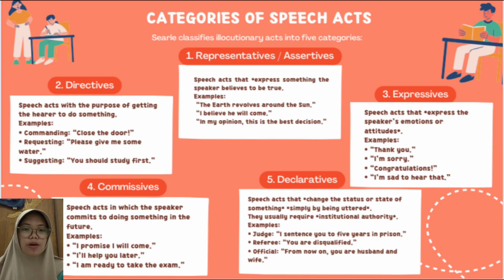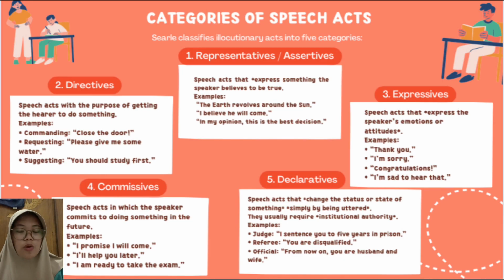And there are what are called declaratives. Declaratives are speech acts that change the status of something simply by being uttered. They usually require institutional authority. For example, a judge: I sentence you to five years in prison. The second is a referee: you are disqualified.